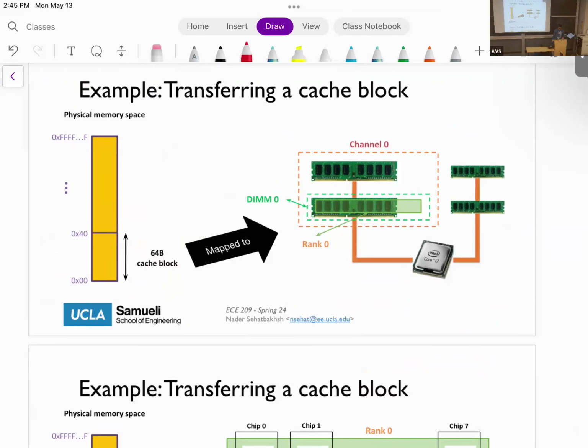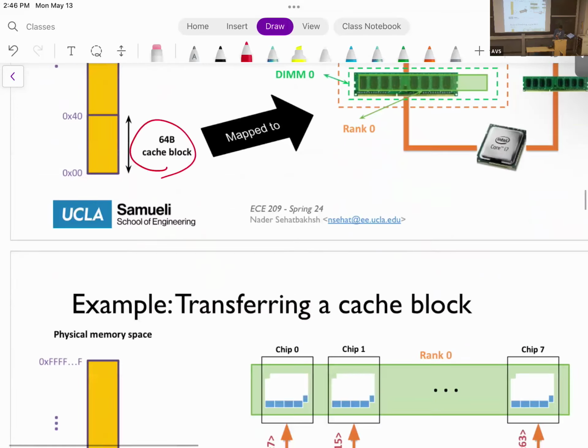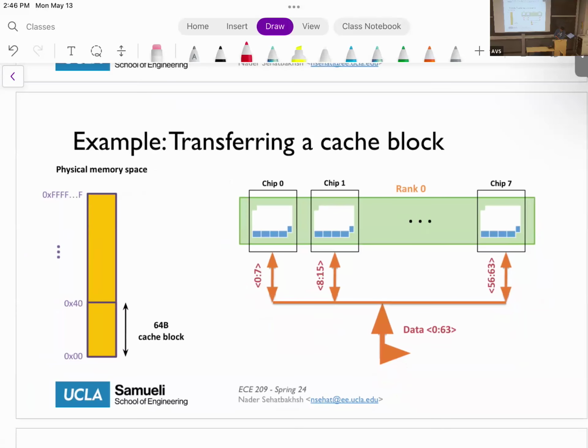So how do we actually transfer data? For example, let's say we want to read a 64 byte cache block. Remember I told you that usually we go 64 bytes. So this is how we're going to do it. Let's say we have one channel only. In order to read that, we select one of the ranks. Let's say rank 0 is selected. As I told you, the data is provided by all the chips simultaneously.